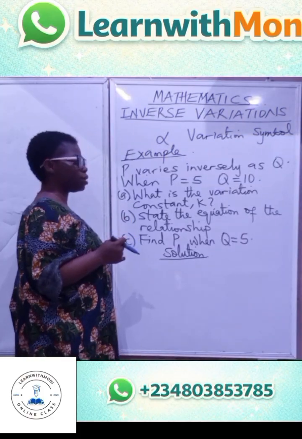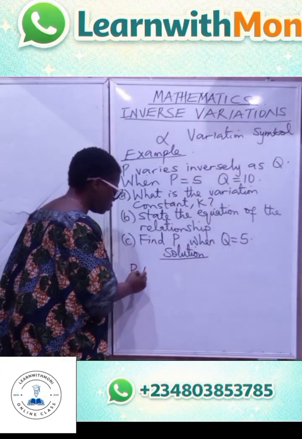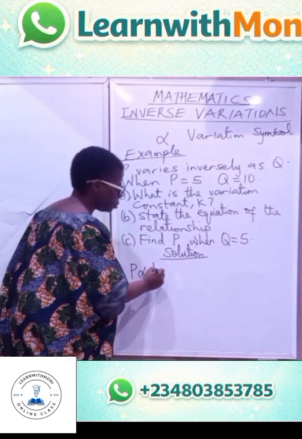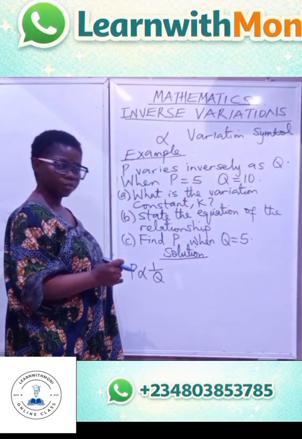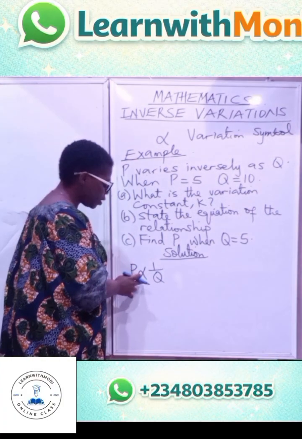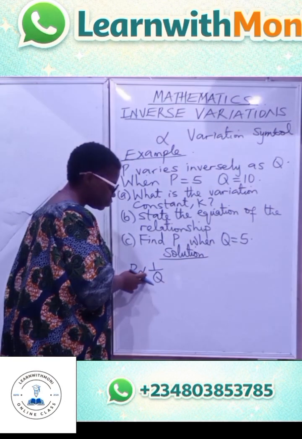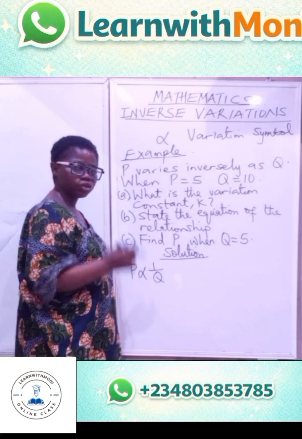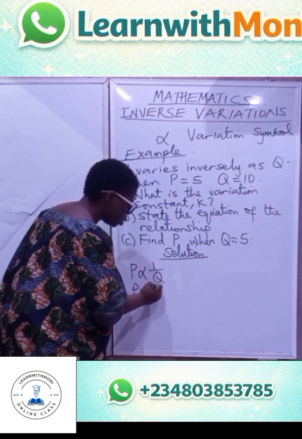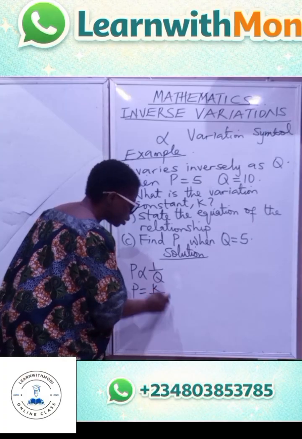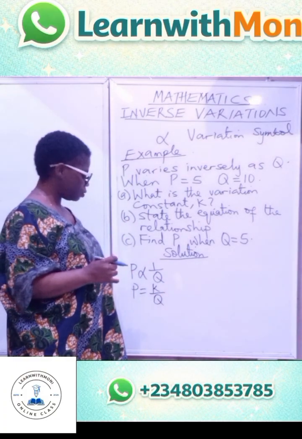P varies inversely as Q. Mathematically, this means P is inversely proportional to Q. And when you have inverse variation like this, and you want to remove the variation symbol to introduce equals to, this is going to become P equals to K over Q. K is the proportionality constant or the variation constant.